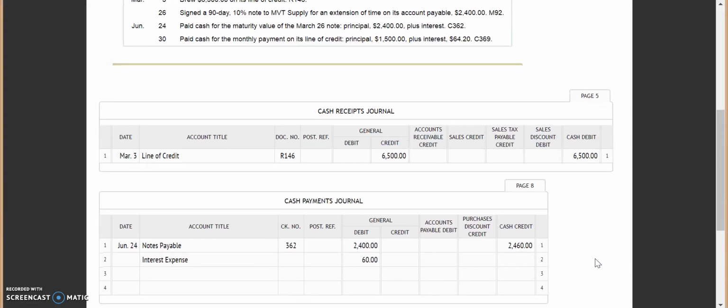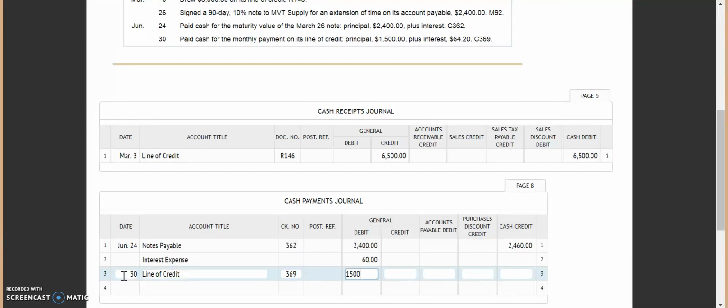The last one is that we paid cash for our monthly payment on our line of credit, which is the principal balance of $1,500 and then our interest of $64.20. So they actually give us the interest on this one, so this one's pretty easy. We go to our cash payments journal and we plug in just 30. And what's going down is our line of credit. With check number 369.